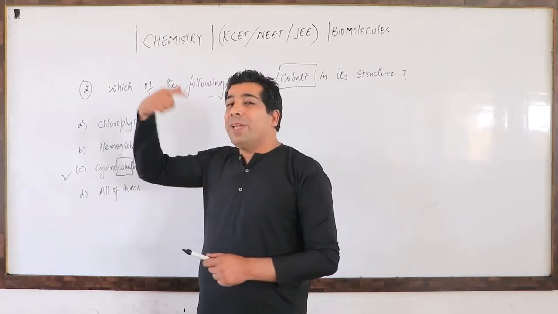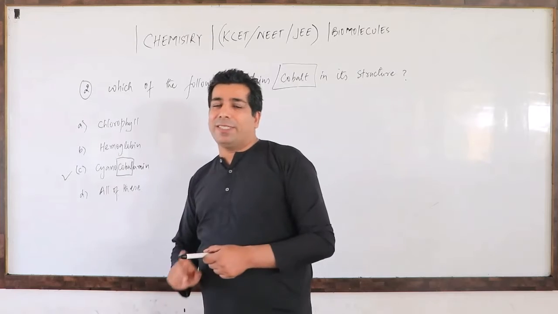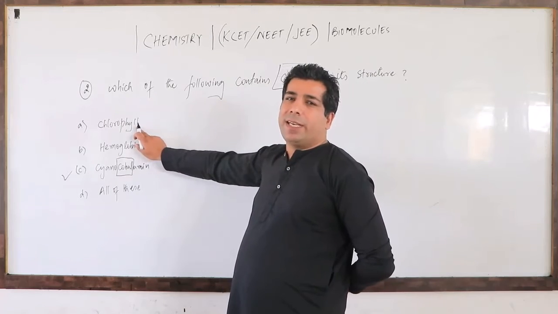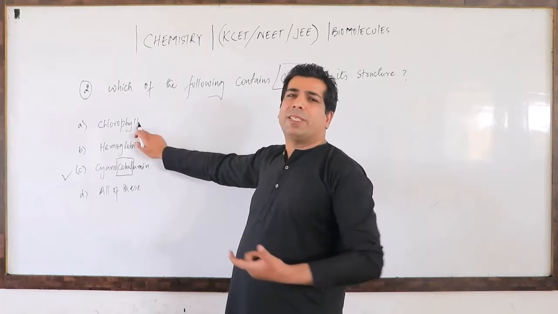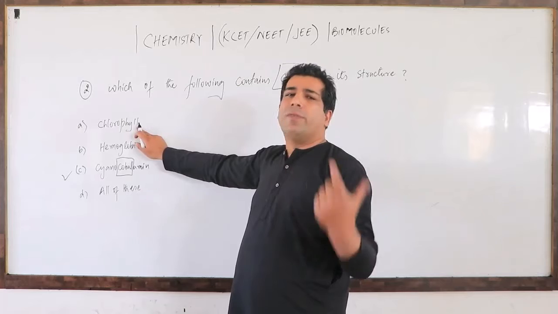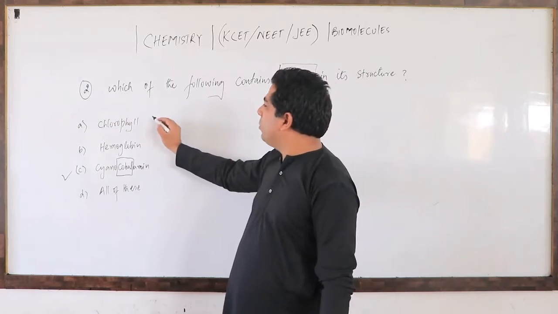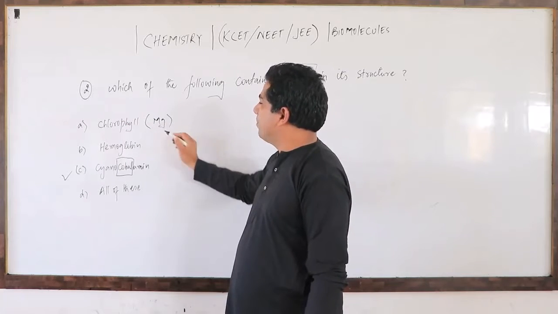So it will give you some hint that it contains cobalt. Now let's look. Chlorophyll molecule is basically a green pigment in plants, and it is very helpful in the photosynthesis process. I am not going into detail, but I will tell you that chlorophyll contains basically the element magnesium.